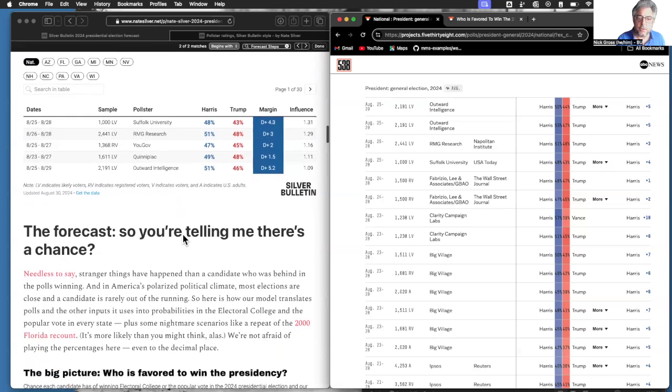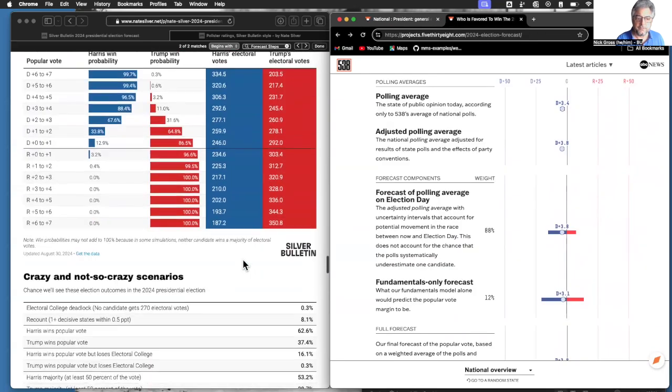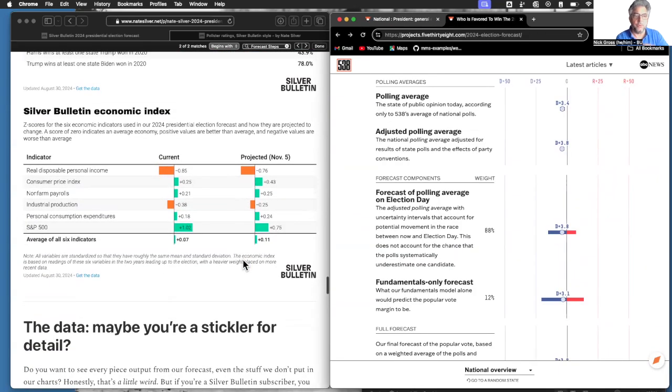The other piece that goes in, but Nate Silver has a breakdown. Here we go. The other piece that goes in is what are the fundamentals? So in particular, for example, the economy is a big thing. And these are all the pieces that in Nate Silver's model go into forecasting for the economy.